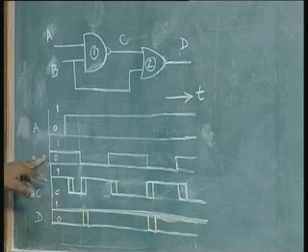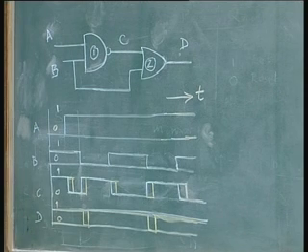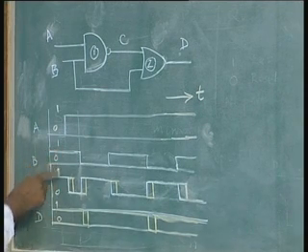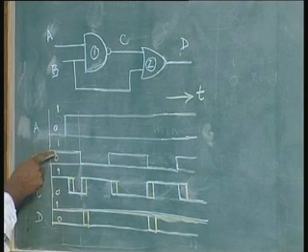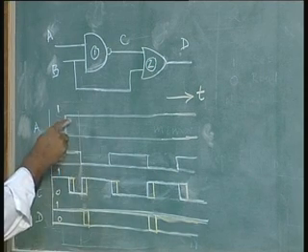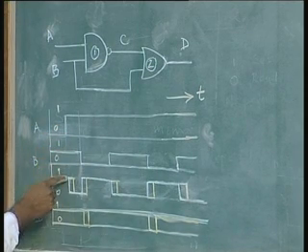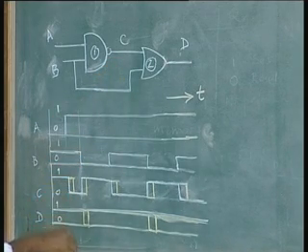So, B changes from 0 to 1 and 1 to 0, etc. C will not immediately change even though there is an input change. As far as C is concerned, there is a change of inputs from A equal to 0 and B equal to 1 to A equal to 1 and B equal to 1. That change will not immediately reflect at the C output, it will reflect after a short time.